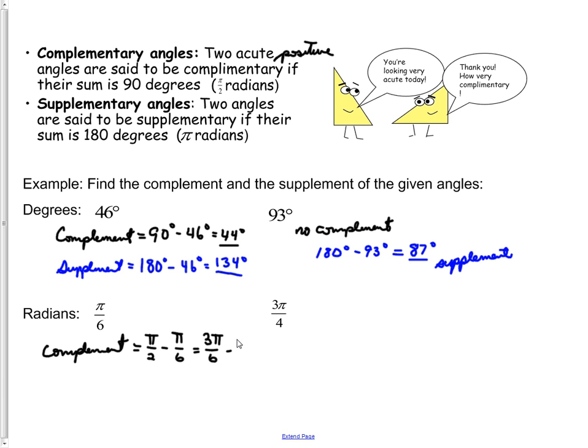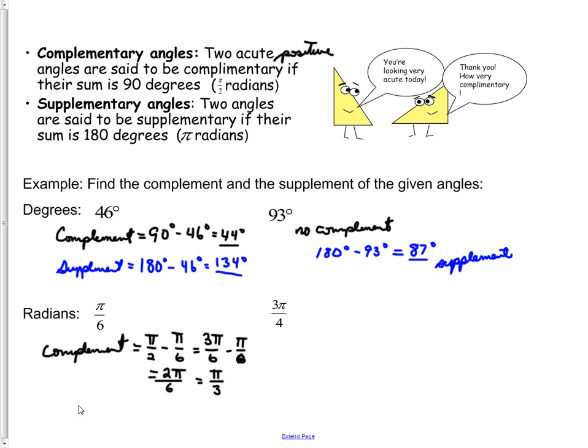And pi over 6, so we subtract those two, that gives us 2 pi over 6. And anytime that we have these fractions, we should reduce them. And in exact form, we're going to write this as pi over 3. So the complement to pi over 6 is pi over 3.